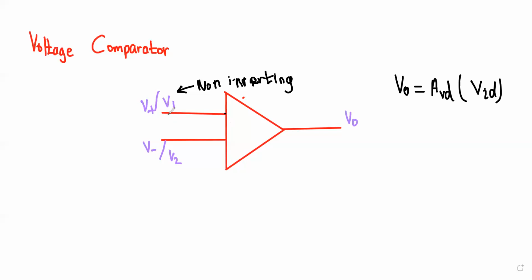But let's see, if the value of VID is higher, according to this equation V naught is going to increase proportionally because AVD is constant. But we have learned V naught cannot increase beyond a certain limit.